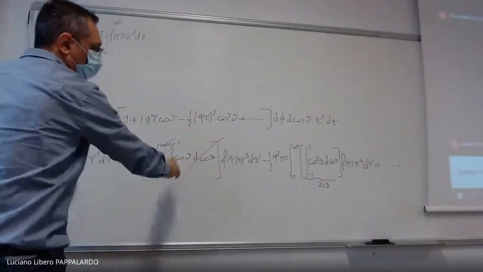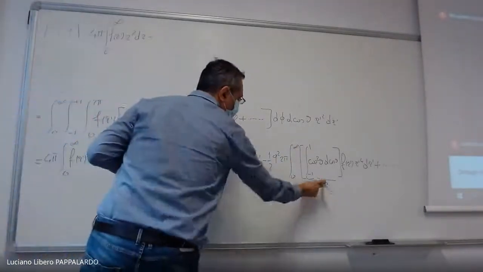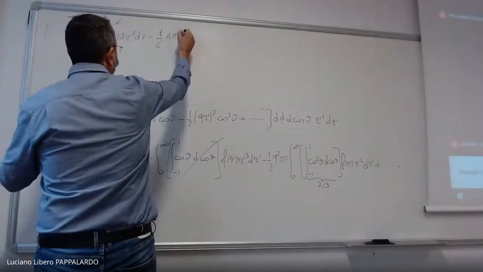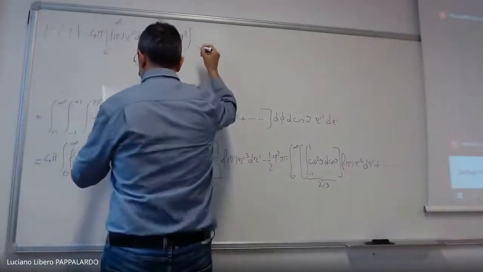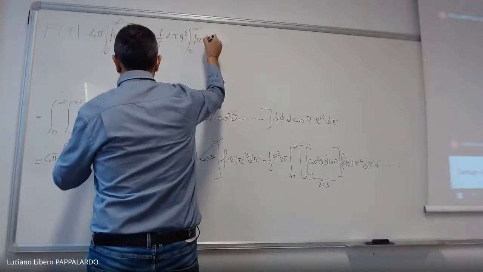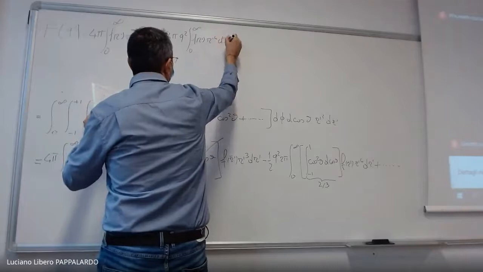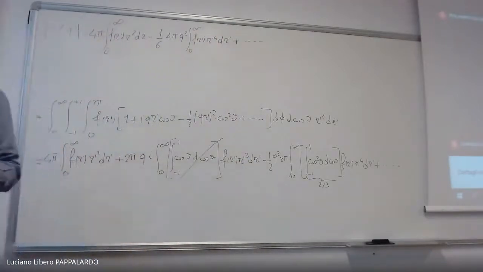Then the second term drops, and then we have the third term, which now is 1/6, then 4 pi q squared, and then the integral from 0 to infinity of f(r') r' to the fourth power dr', plus infinite terms.